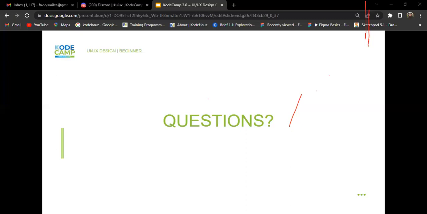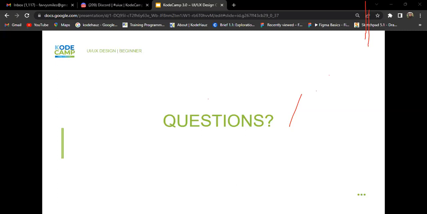When you're done understanding your users, their needs and their wants, the next stage is define, not ideation. When you define the problem, what exactly are we trying to solve here? And then the next stage is the ideation stage, where you get to generate ideas in order to solve that problem that you just defined.